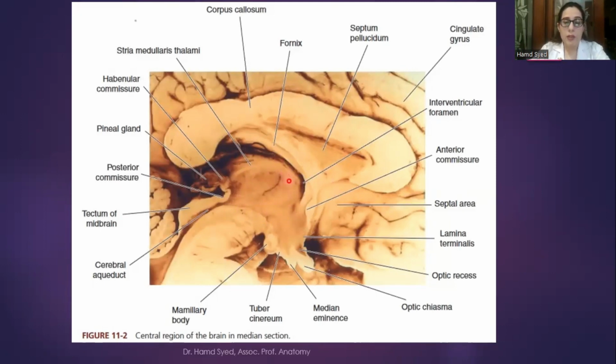And here you can see that the boundary, which is between this diencephalon and the midbrain, is represented by a line that passes from this posterior commissure to the mammillary body. And let's look at the upper extent of this diencephalon, where the line is passing through the interventricular foramen, separating it from these cerebral hemispheres above.